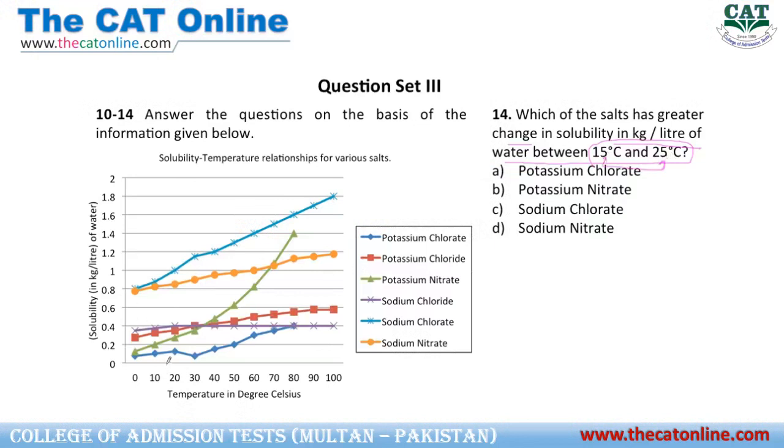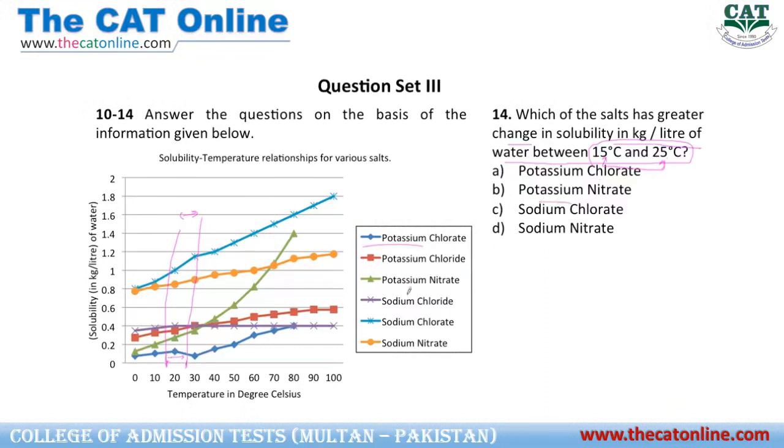So 15 degrees is going to be somewhere here and 25 degrees is somewhere here. So I have to look at the graph between these two lines here and see for which of the salts this change in slope between these two lines is the highest. So let's look at potassium chlorate. I have this diamond line, this does not change much.